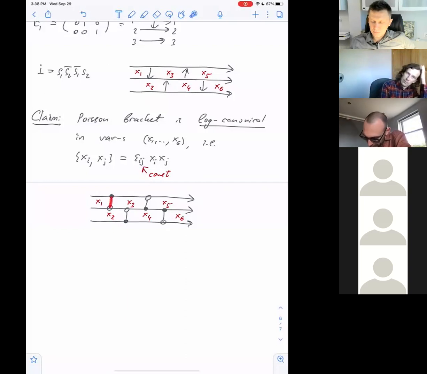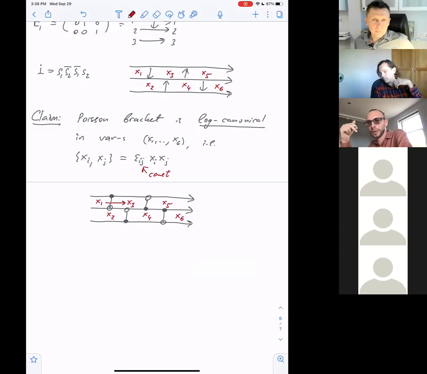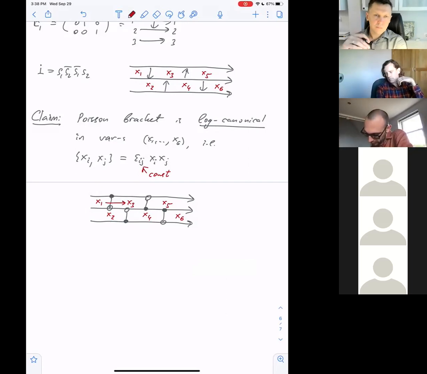If I have a black-white edge of the original diagram, I'll draw an edge of the dual quiver, and I'll direct it in such a way that the white vertex stays on the right. So I have an arrow from x1 to x3. I have an arrow from x5 to x3. I have an arrow from x3 to x4. I don't have an arrow from x2 to x3, because this edge is not black-white, and similarly, this one is not black-white.